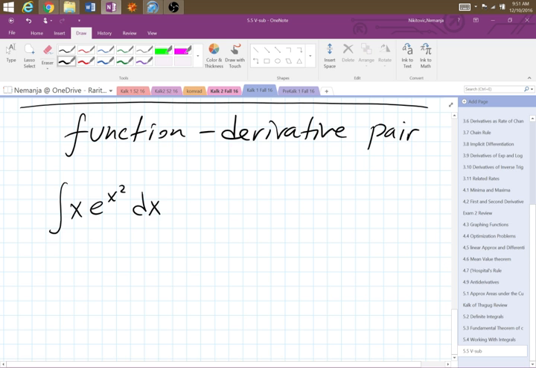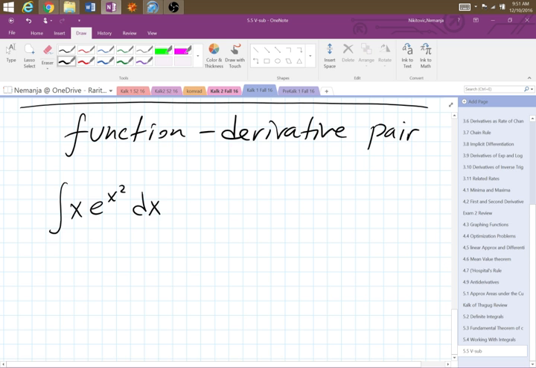But what are you going to do when you are sitting in a Calc 2 Chapter 7 exam, having 5 different techniques to choose from? This is where you go and say, do I actually have a function derivative pair? Because if I do, I get to use u sub from Calc 1. If I don't, then it's something from Calc 2. So it's going to be very important, this phrase, this wording in Calc 2 to survive Chapter 7 and later.